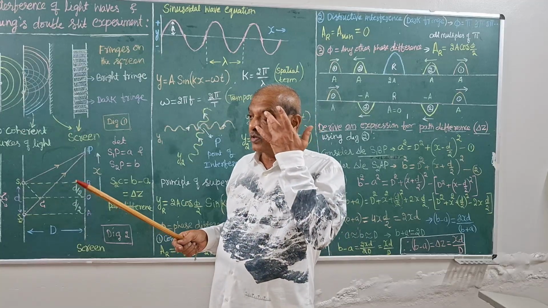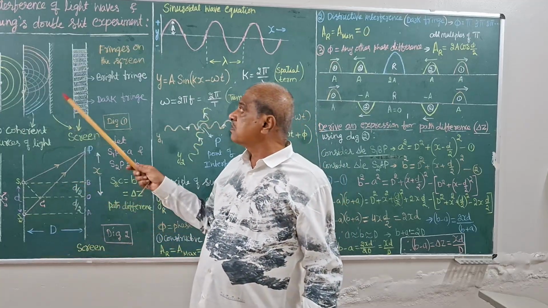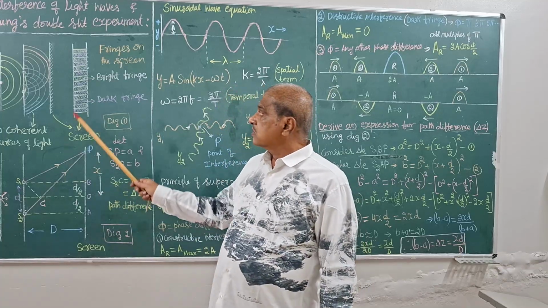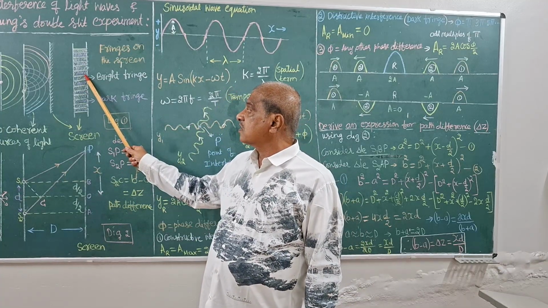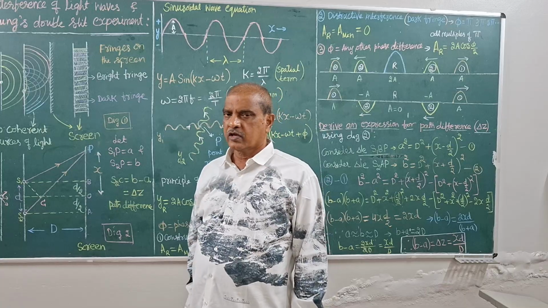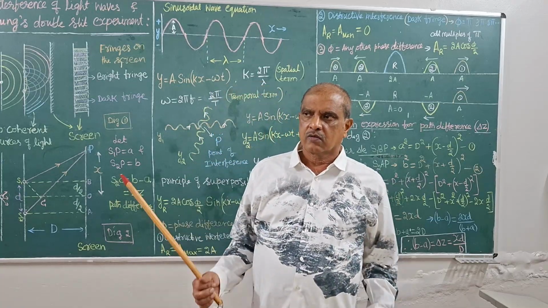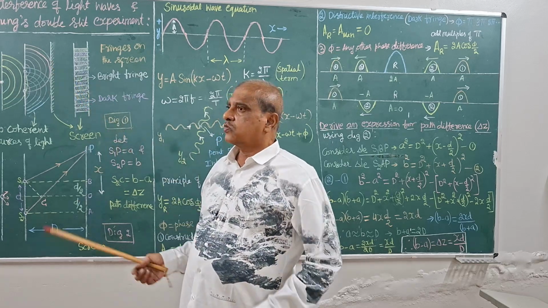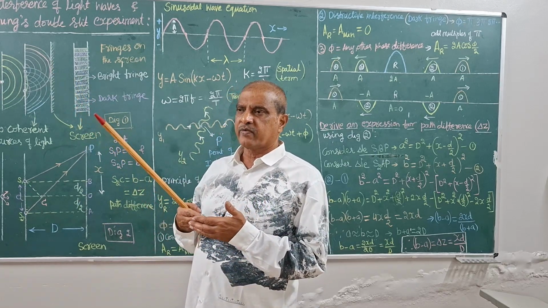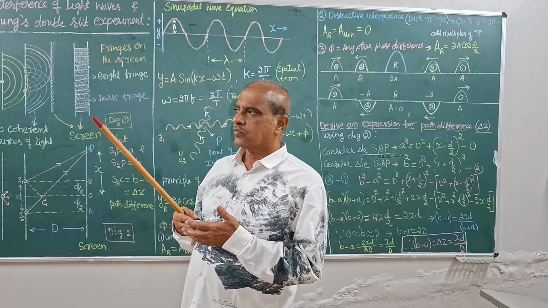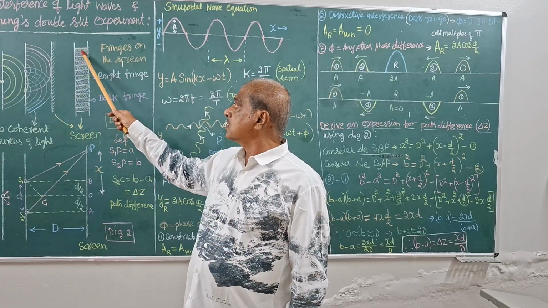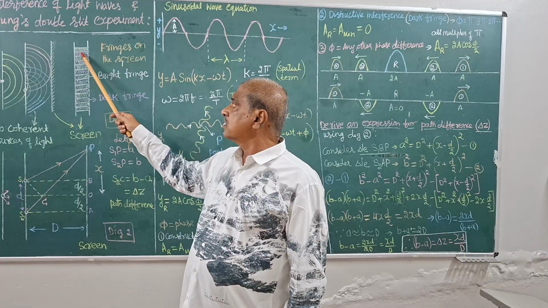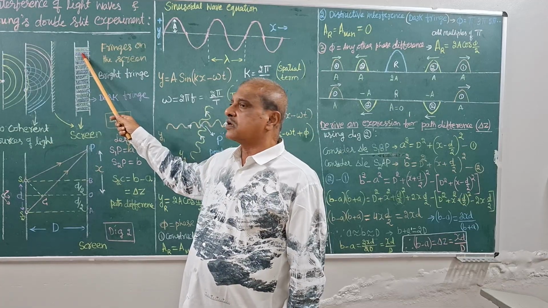That is the one we need to understand. What is meant by interference of light? These fringes are due to interference of light. Interference means when the waves on the screen, the two waves cross with each other at different points. At this point, two waves cross each other, and at this point, two more waves cross each other.